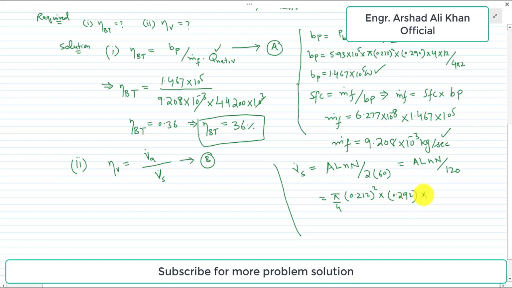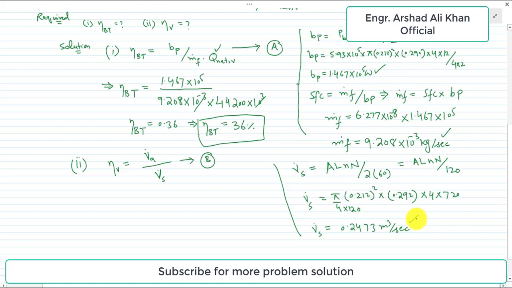Number of cylinders are 4 and the engine speed is 720 rpm. Also there is 120 over here, so we will write it here. Now simplifying this, finally the value of swept volume flow rate is equal to 0.2473 cubic meter per second.